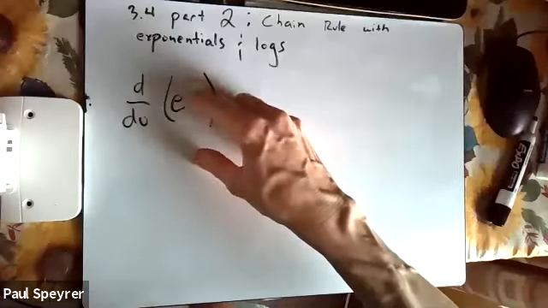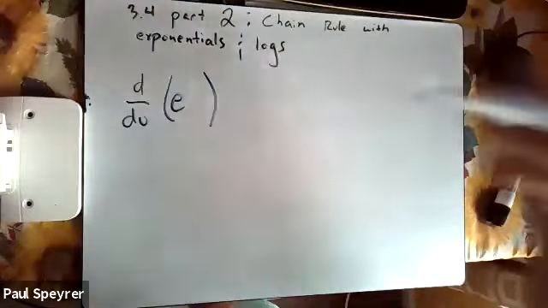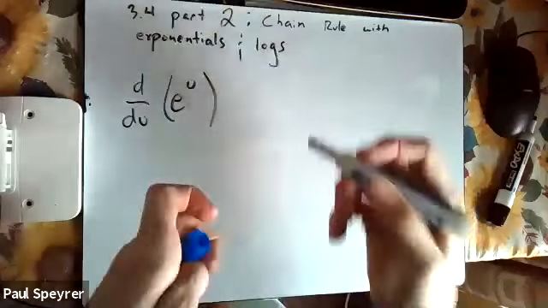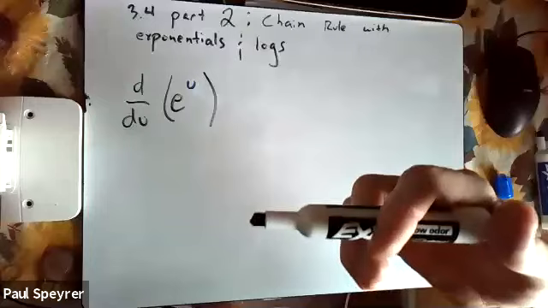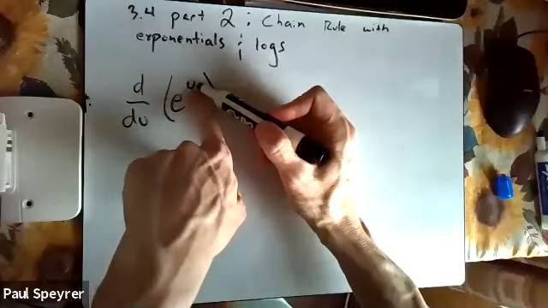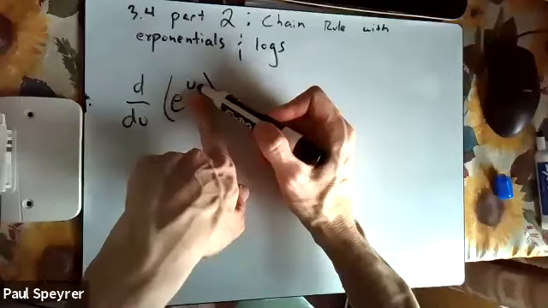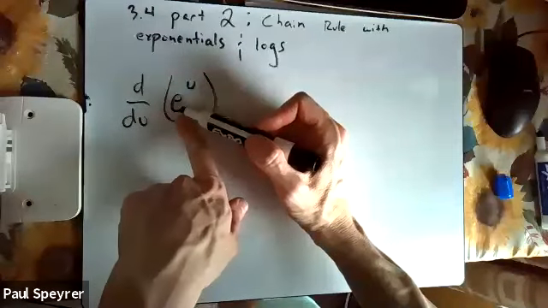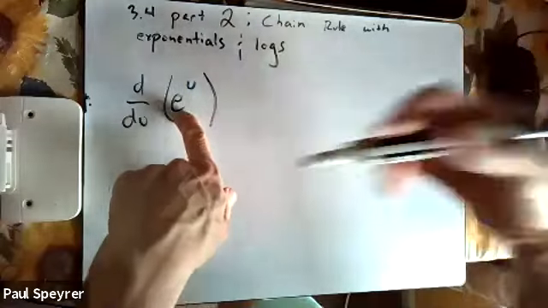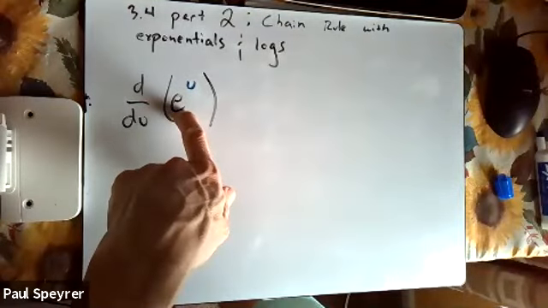It's still the chain rule. I'm going to put this in blue right here. So we have one function trapped inside of another. This blue u could be an algebraic component, it could be a trig thing, it could be anything, but it's trapped inside of this e component. So what do we need to do? We have to chain this out.